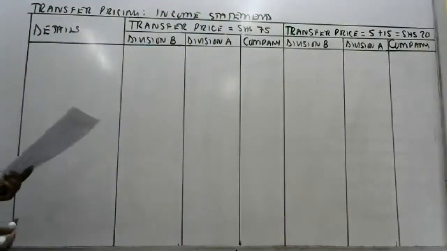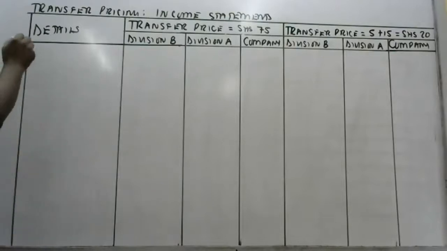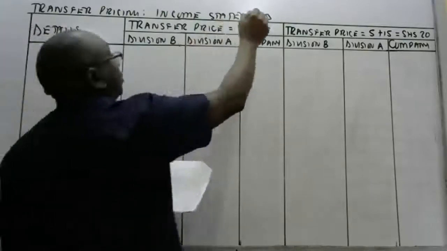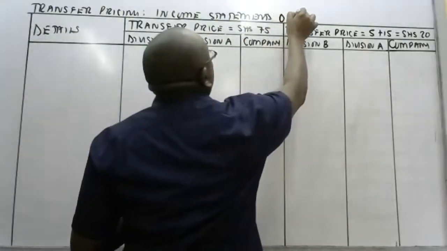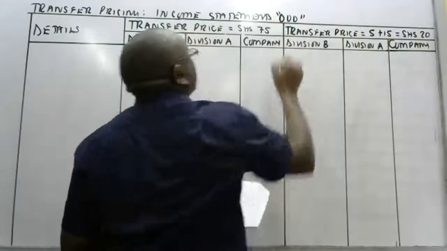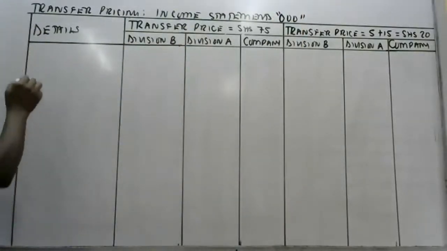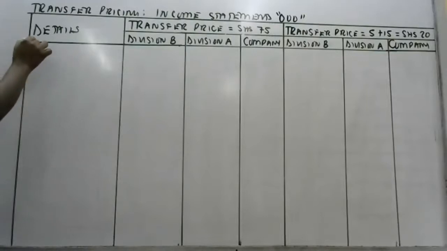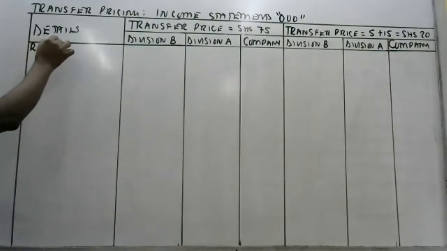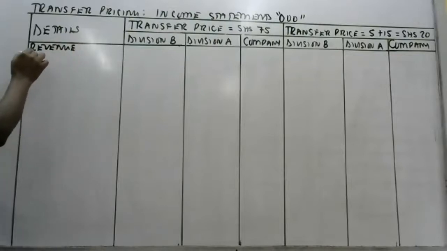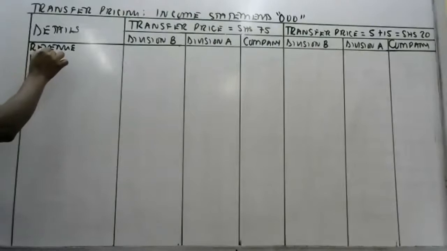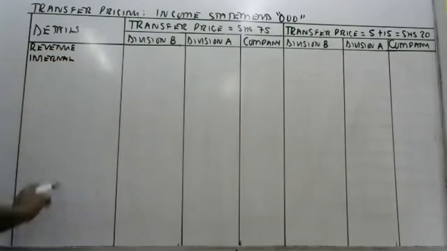So the first thing is to bring revenue. And we can have our figures in thousands. So let's have revenue. And revenue, we will have first internal.